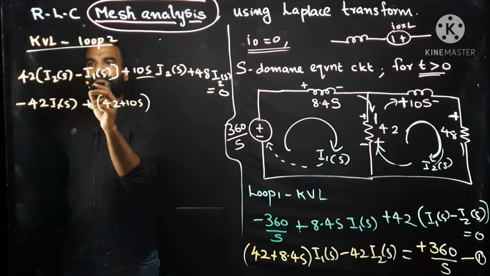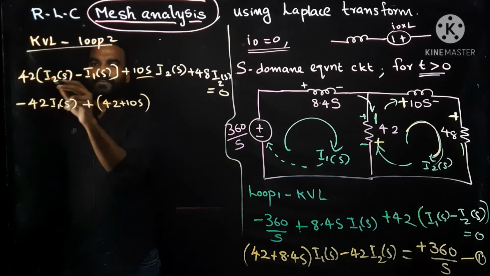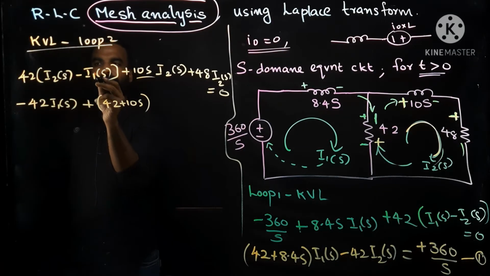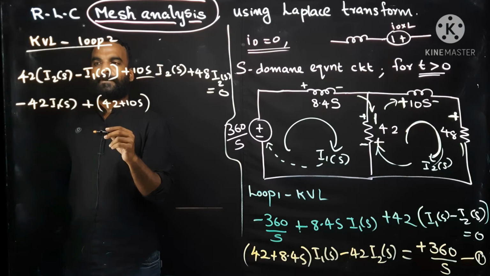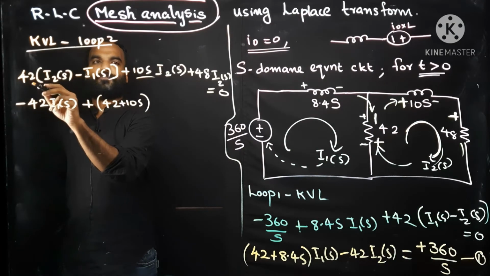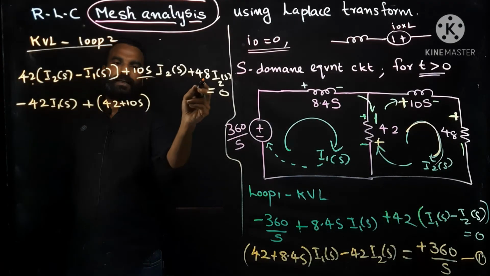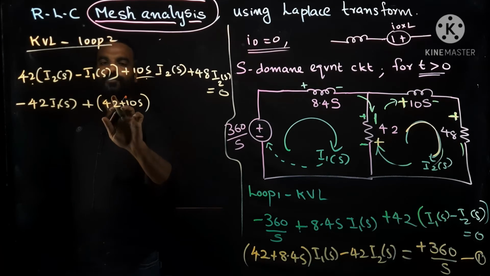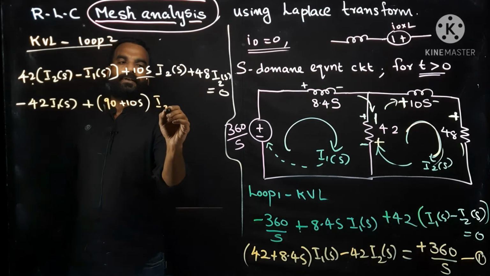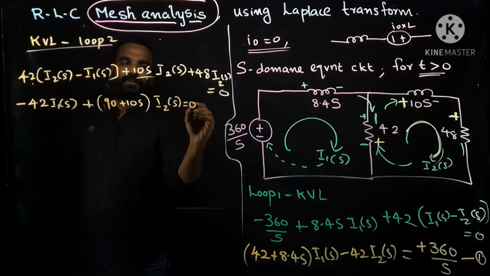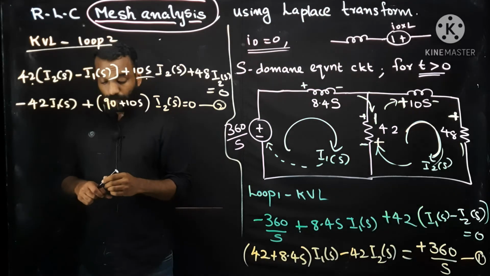For I1, it is minus 42 I1 of s. For I2 of s, we are having a 42, a 10s and a 48. So 42 plus 48, this will be 90 plus 10s into I2 of s, that is equal to 0. This is equation number 2.